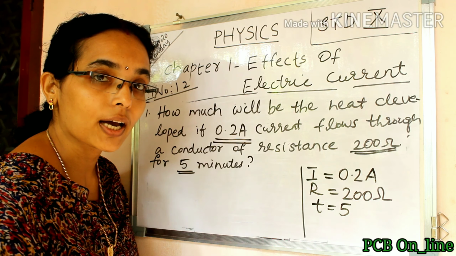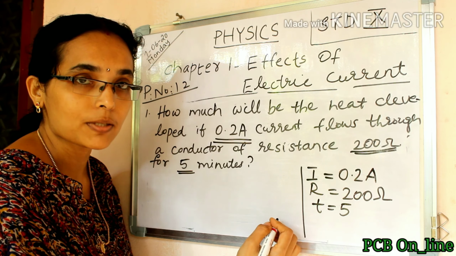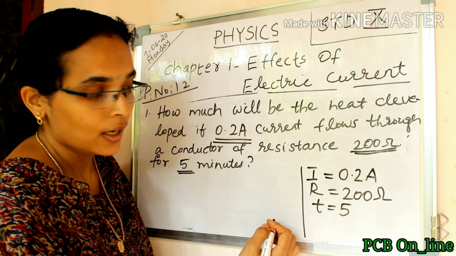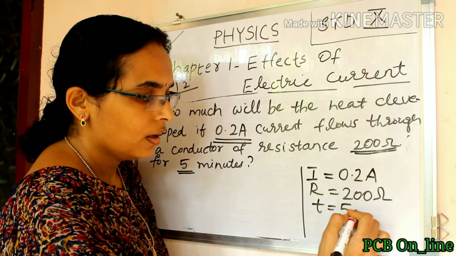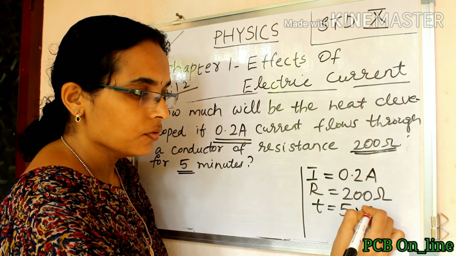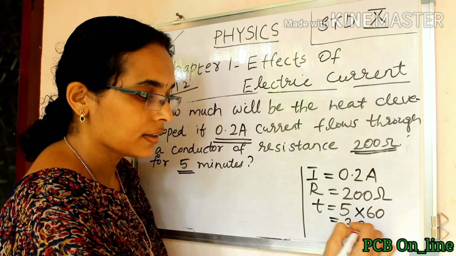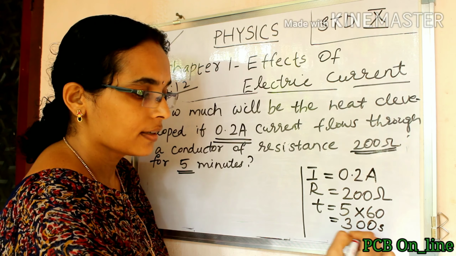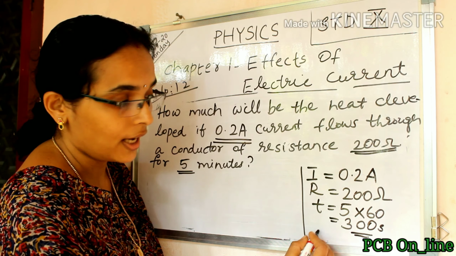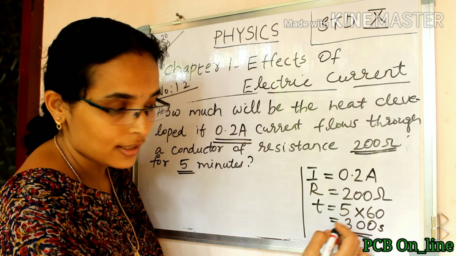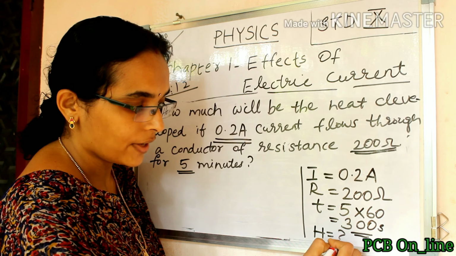We know that we cannot take time in minutes for doing problems. Since it is not an SI unit, we have to convert it into seconds. Then 5 minutes will be 5 into 60 seconds, that is 300 seconds. Now all the data are given and we have written it, and now we have to calculate the heat developed.